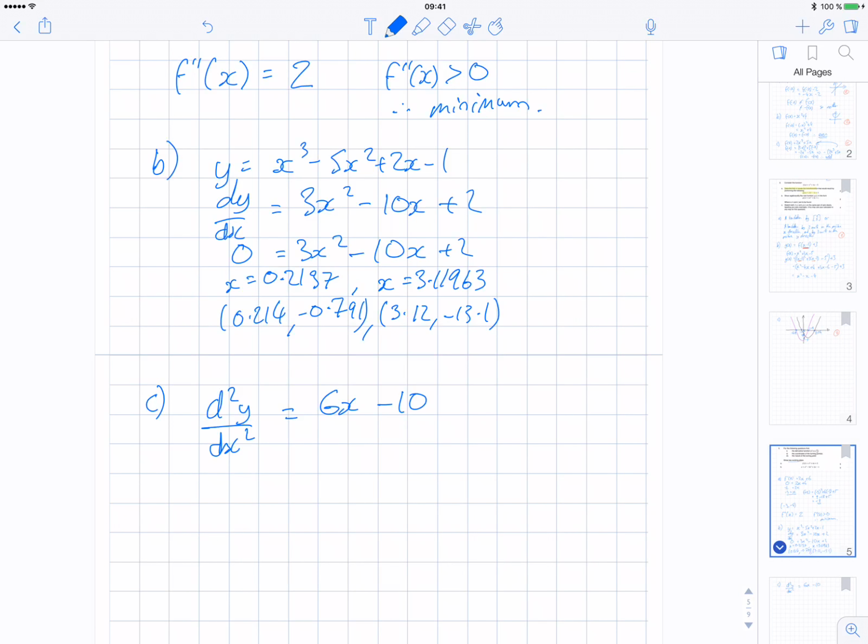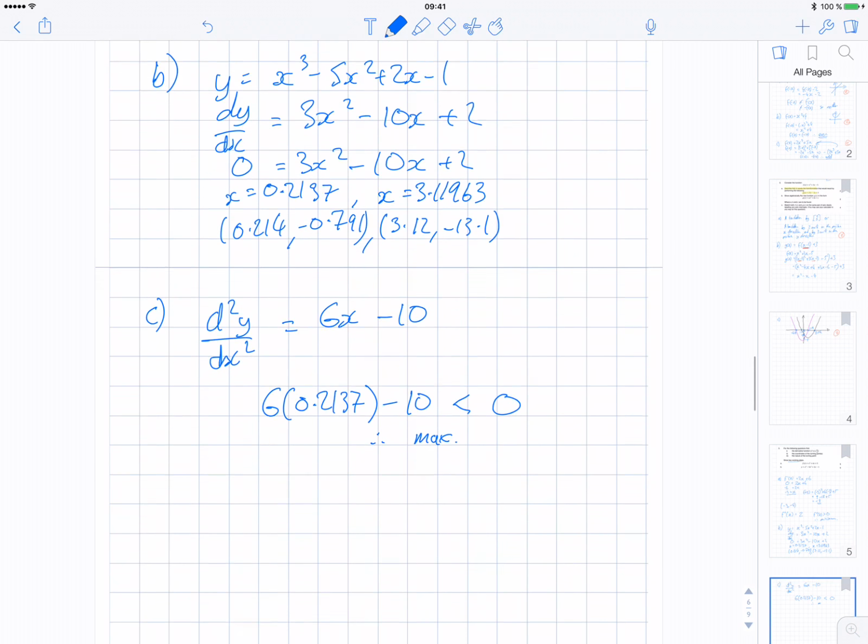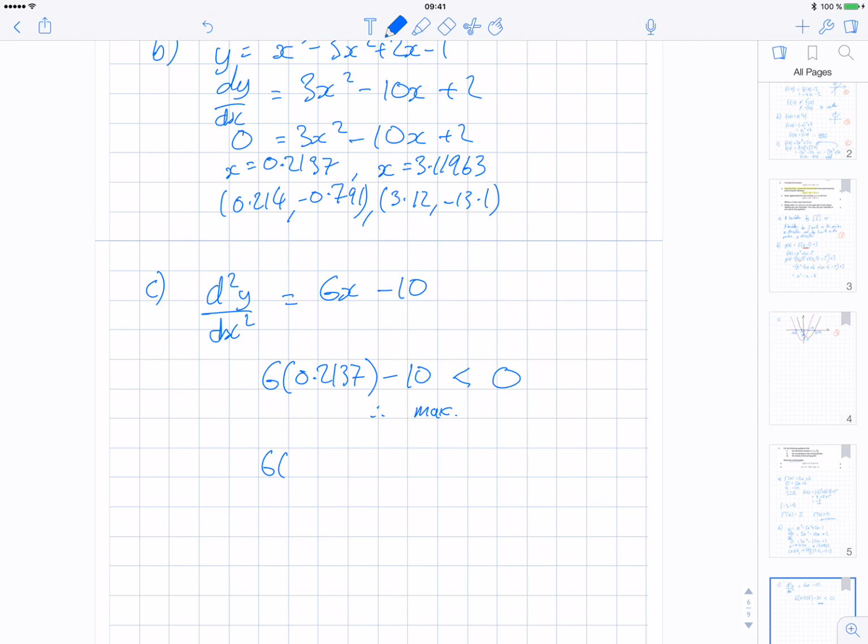When I put in 6 times 0.2137 take away 10, this is going to be less than 0, because 6 minus 10 is minus 4, and 6 times 0.2 is going to be even less than 6. So therefore, this is a max. And when I put 6 lots of 3.12 in here and take away 10, well, 6 times 3 is 18, so it's going to be a positive value, so therefore min.